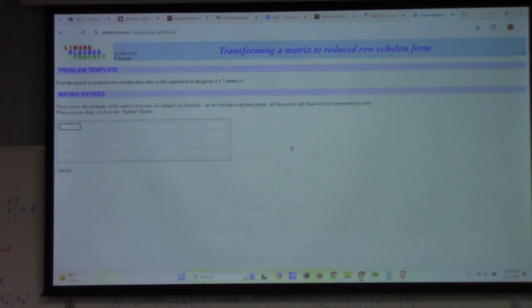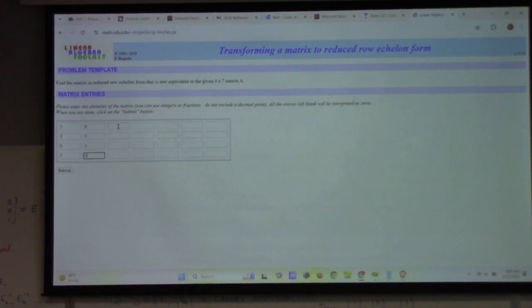But I want us to all appreciate what's going on here. So let's take the first column and make it something kind of funny, like 1, 3, 5, 7. We'll make the second column something relatively easy, 0, 1, 1, 0.